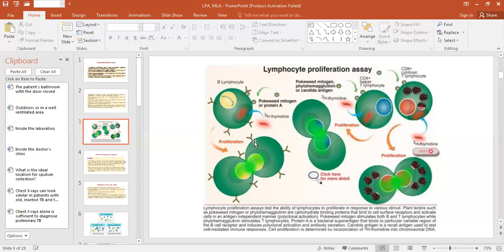And using IL-2 with a known concentration as a standard, the concentration of IL-2 in an unknown sample can also be measured by its ability to stimulate T cell proliferation. So we can measure it. So the procedure is like that.